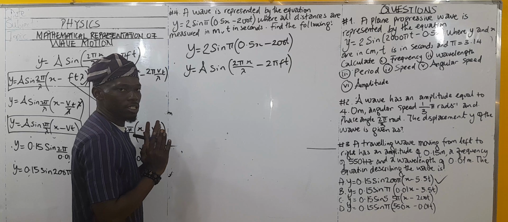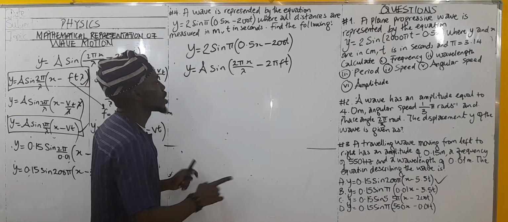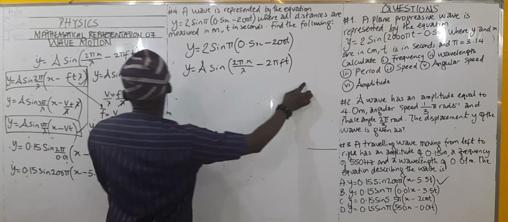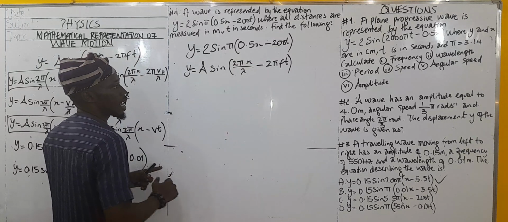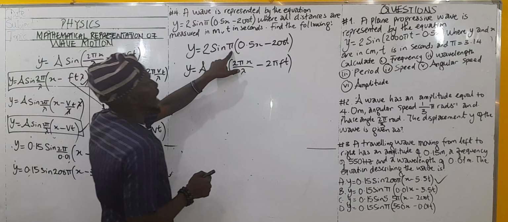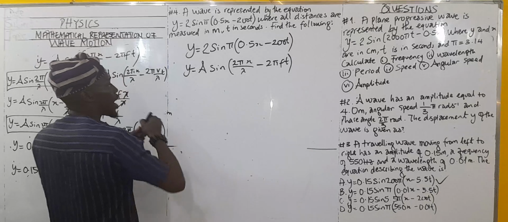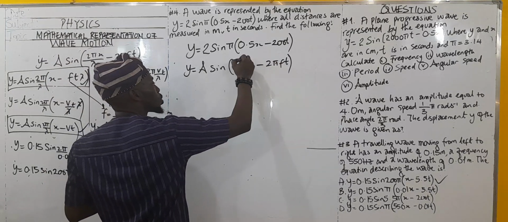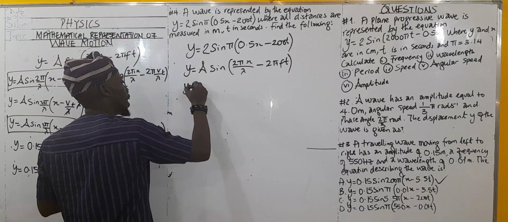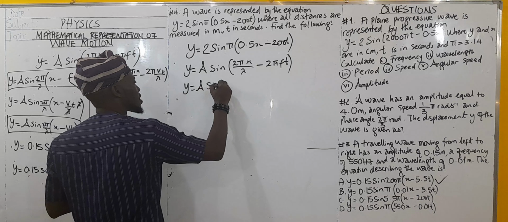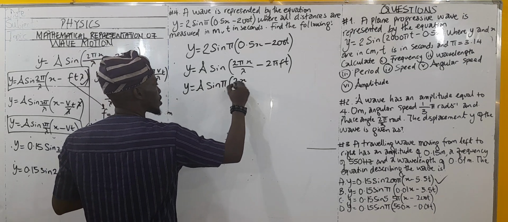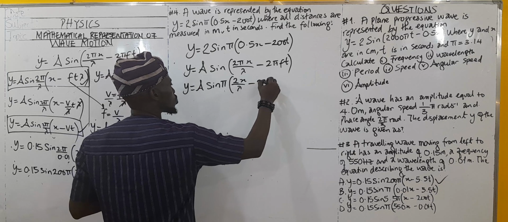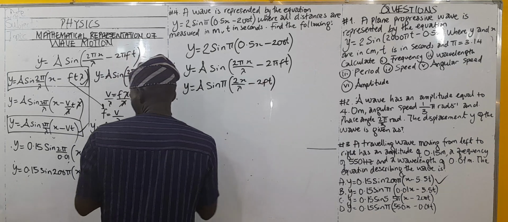No, it's not correct. So the first thing I need to do is make sure that my wave motion equation looks like this. Pi is already factorized out, so I have to bring out these two, my pi. So y equal A sine pi, what we left is 2x over lambda minus 2ft.